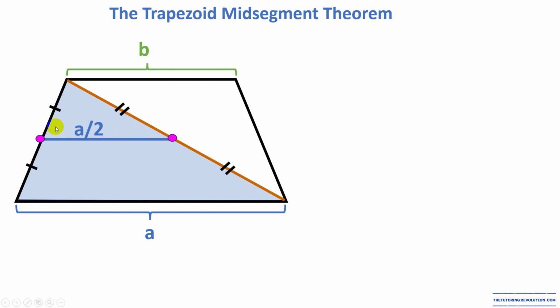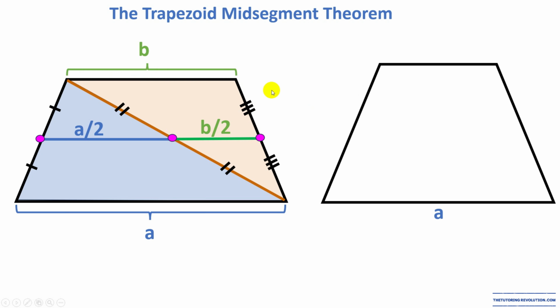So if this is A, this is going to be A divided by 2. Now in this triangle, likewise, if we put the midpoint here of this side and we join these two midpoints, this midsegment here is going to be half this base here.